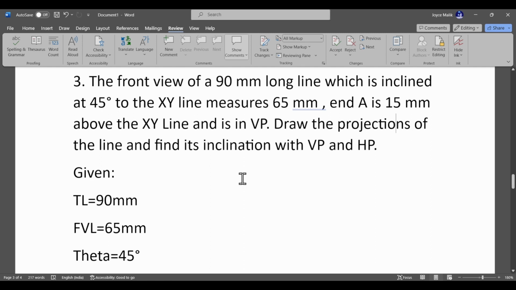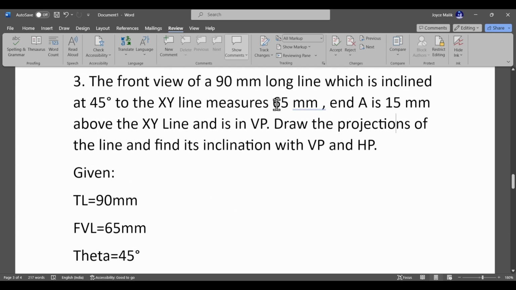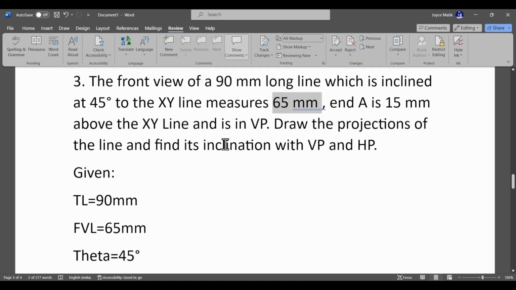The data given is the true length of the line, that is 90 mm, and it is inclined at 45 degrees, the theta. True length done. Then the front view length is given as 65 mm, and the end A is 15 mm above the XY line, so it will come in VP. Okay, fine.